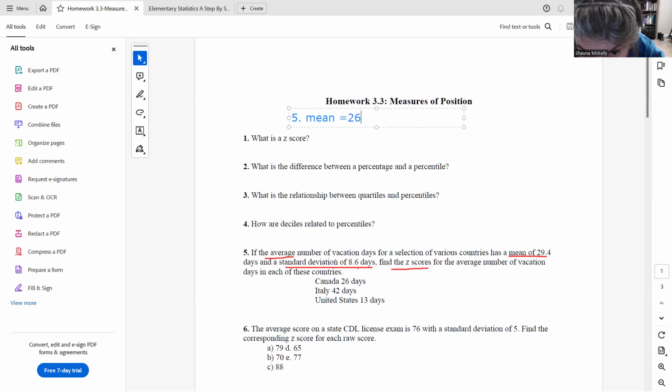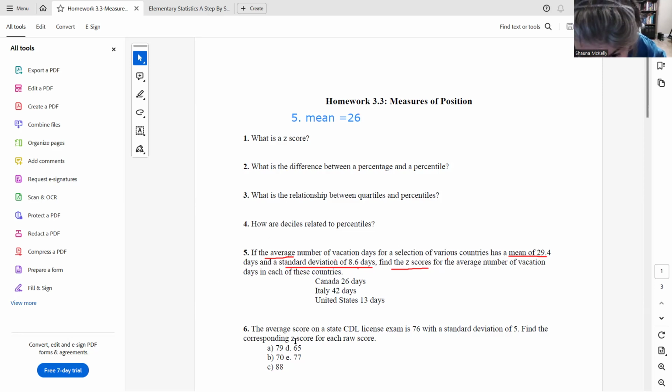Okay. Now, this mean here is the mean of the days that we're concerned about. So this is our score, essentially. And the average number of vacation days for a selection of various countries has a mean of 29.4, and a standard deviation of 8.6.